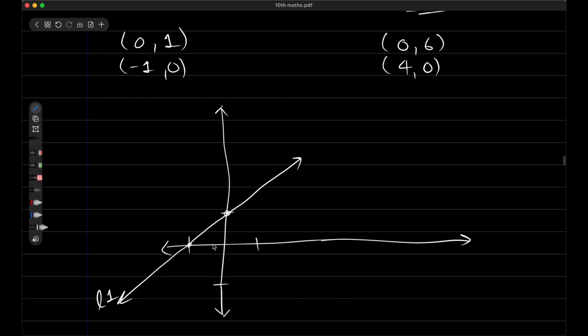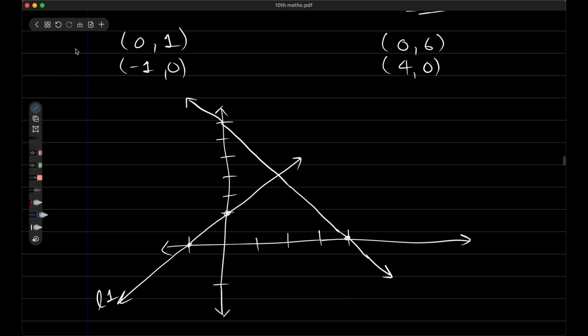In the second line, x is 0, then y is 6. And when x is 4, then y is 0. The points are 4, 0 and 0, 6. So the line is passing through the points 0, 6 and 4, 0.